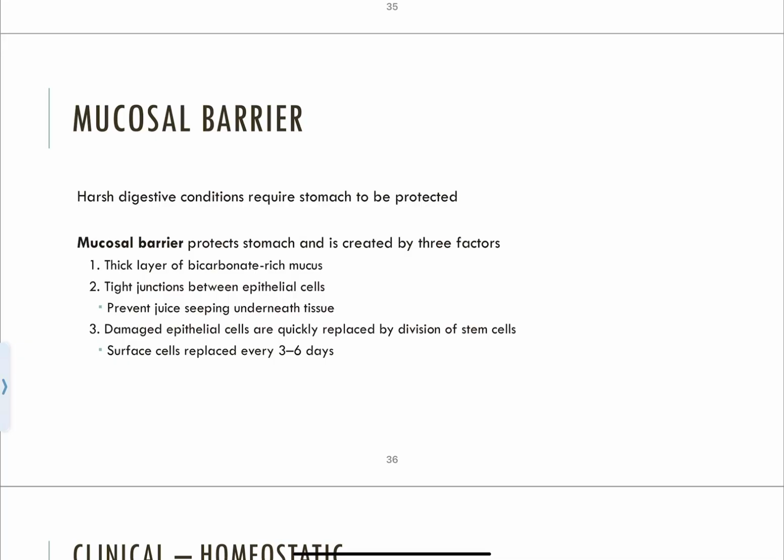We also have the protein digesting enzymes, and we don't want our protein digesting enzymes to actually start digesting the stomach itself. So we have to protect the stomach from all of these different things. How do we protect the stomach from getting digested by the contents that the stomach cells are actually secreting?